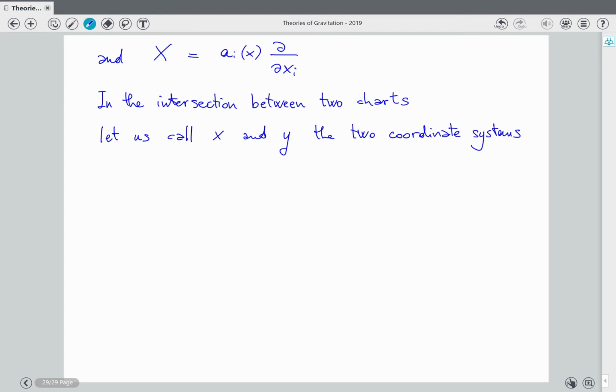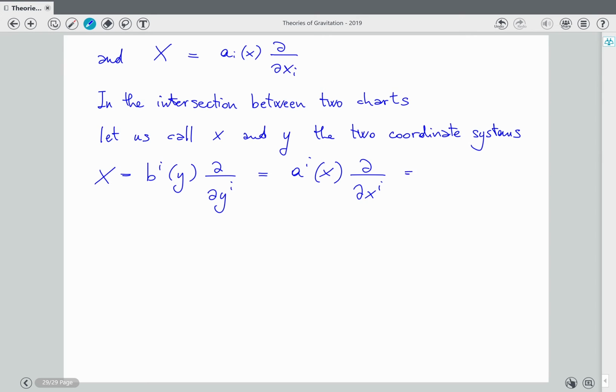And in the intersection, you can really play with coordinates and derivatives as you are accustomed to, because we are in Rn. So we will have two representations for the same vector field, one in coordinates y with coefficients that we call b_i, y, and the other one in coordinates x with coefficients a_i, x.